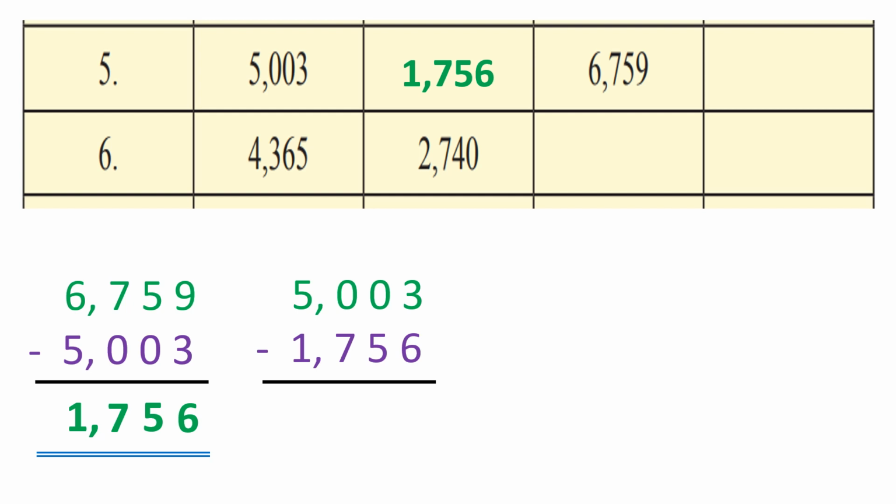You borrow from 5, then the 0 becomes 10, then borrow from 0 here, this becomes 9, and 3 here becomes 13. 13 minus 6 is 7. 0 here becomes 9. 9 minus 5 is 4. 0 here becomes 9. 9 minus 7 is 2. 5 here becomes 4. 4 minus 1 is 3.